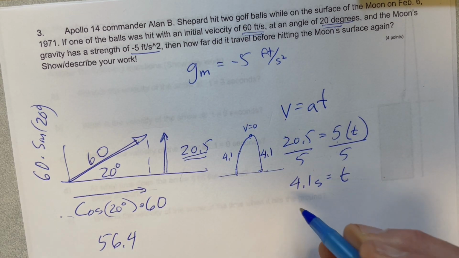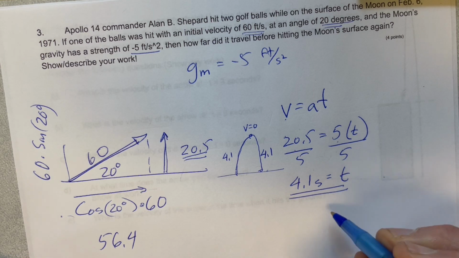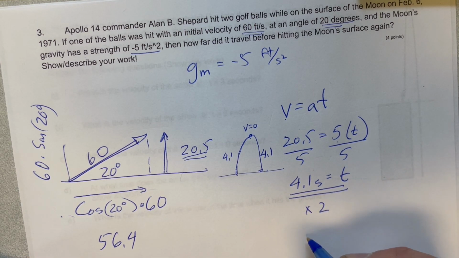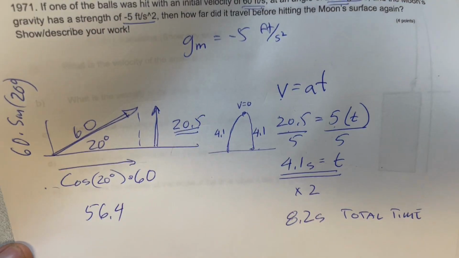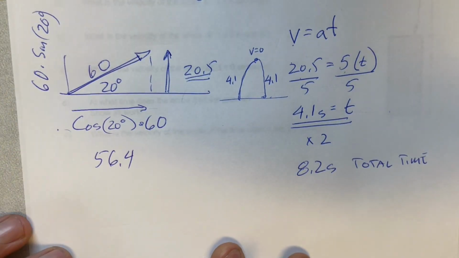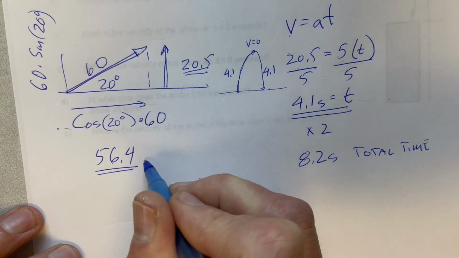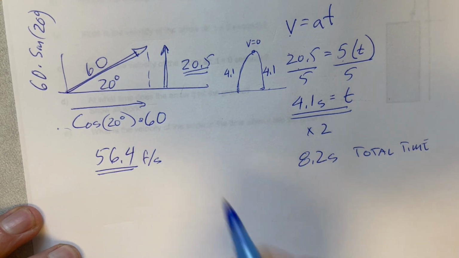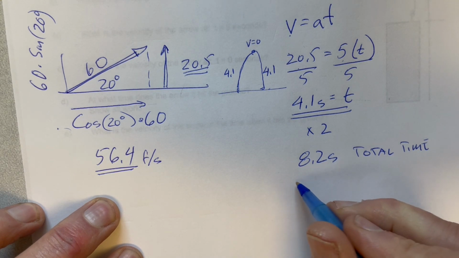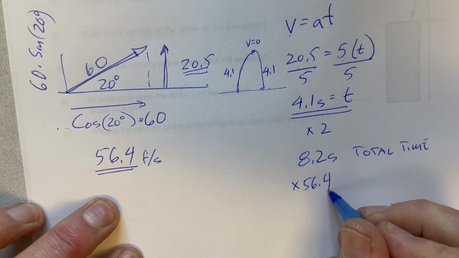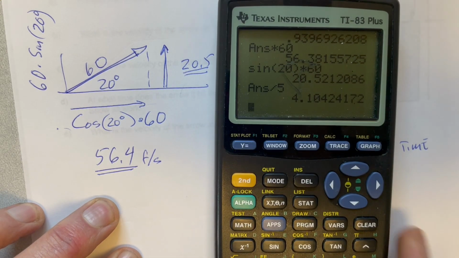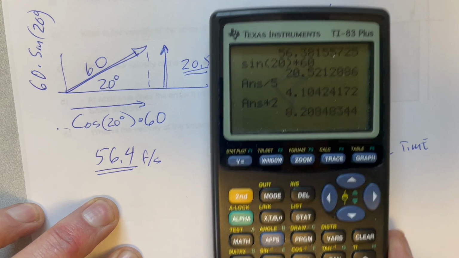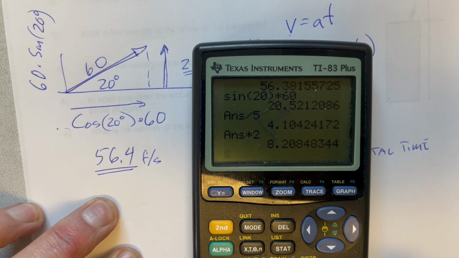All right, well, if I know that it's 4.1 seconds on the half, then I multiply it by 2, and I get 8.2 seconds for the total time aloft. Well, if my golf ball is traveling at 56.4 feet per second horizontally, I just simply multiply the time by that 56.4.